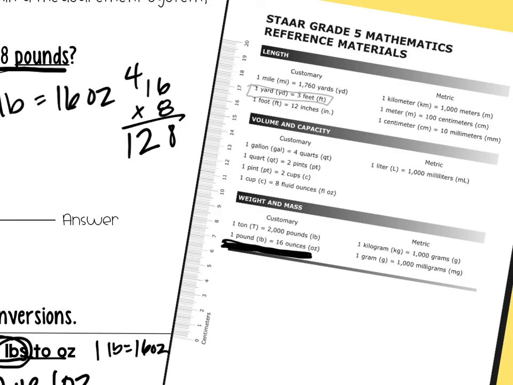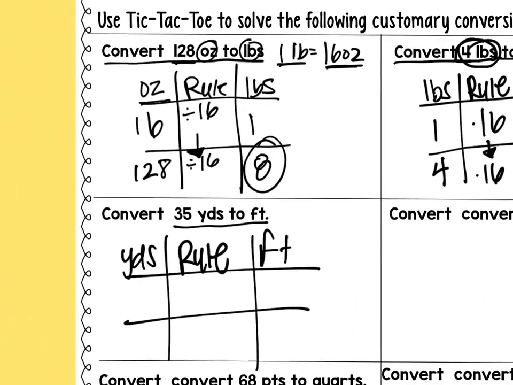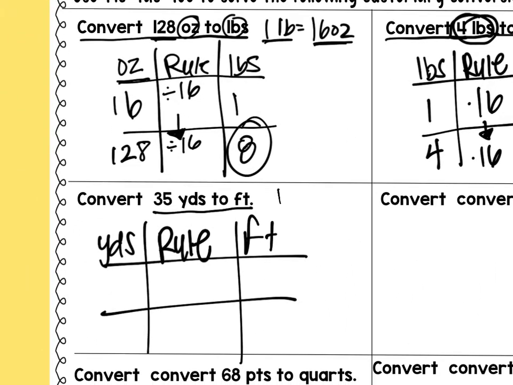So I'm going to go back to my problem and write 1 yard equals 3 feet so I don't forget it. And I know if my yard is 1, 1 goes under the yards and 3 goes under the feet. And I want to convert 35 yards, so 35 is going to go under the yards. And now I can figure out my rule. So I know from 1 to 3 it's getting bigger, so that must mean that I'm multiplying by 3.